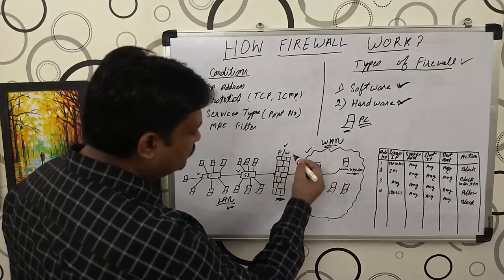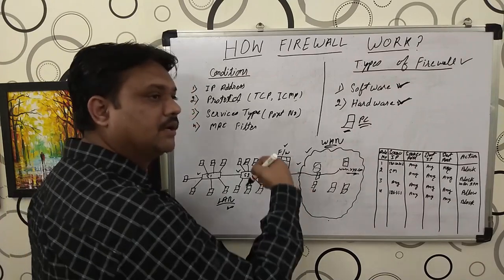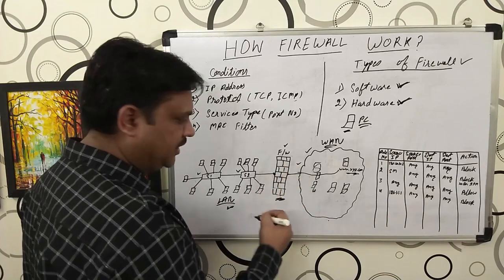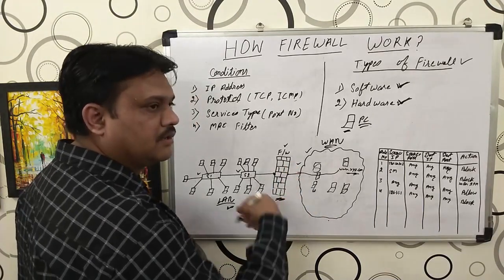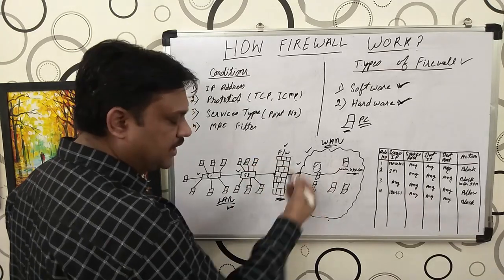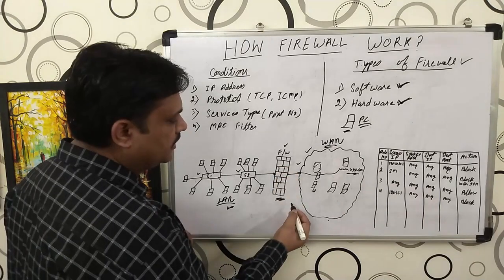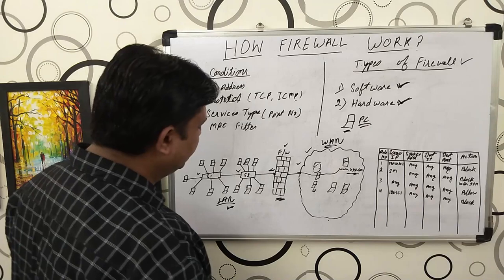Now because you have used the firewall, what the firewall does is it checks the header information of every packet, and if your conditions are to deny that particular header information, it will drop it and will not allow that packet to travel into your local area network.